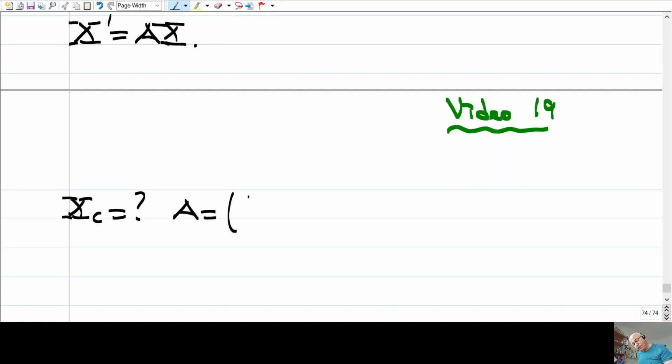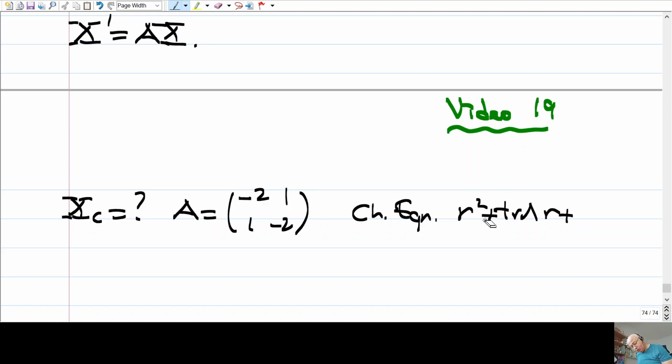A was [[-2, 1], [1, -2]]. From this, we write the characteristic equation, which is r squared minus trace of A times r plus determinant of A equals 0. So this is r squared, trace is minus 4, so it is plus 4r, plus determinant 4 minus 1, which is 3.